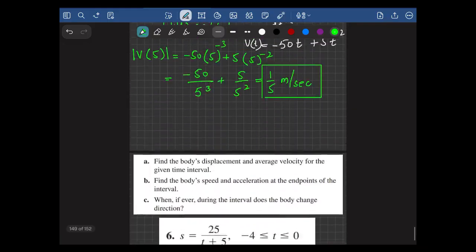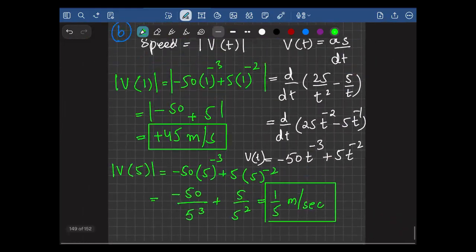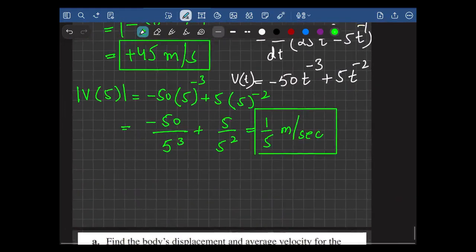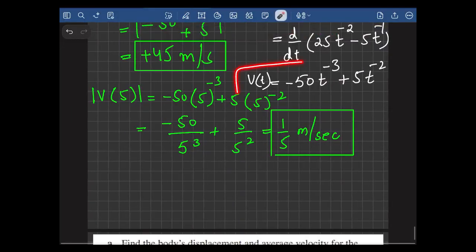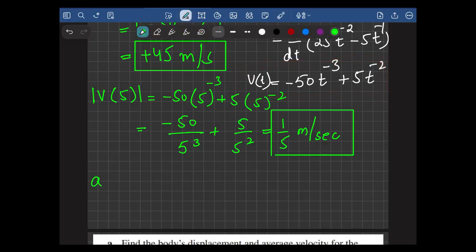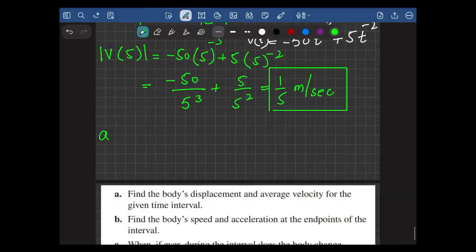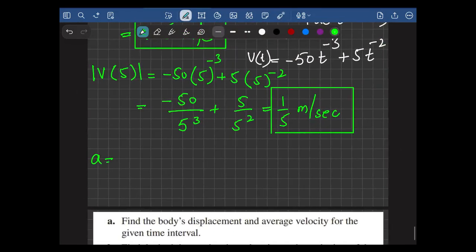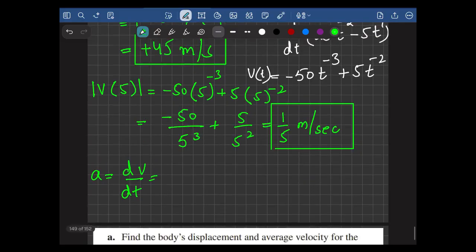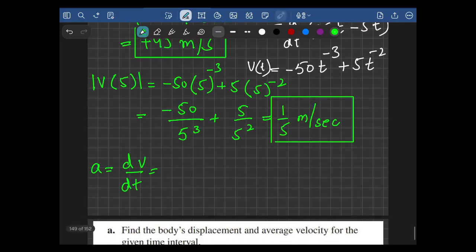Okay, speed and acceleration. Acceleration is just the derivative of the velocity, as we have just found that this is our velocity, and we just need to take its derivative, which equals the acceleration, and then we have to find the acceleration at the endpoints as well. So acceleration equals the rate of change of the velocity. Let's find the derivative of the function, which is this one.